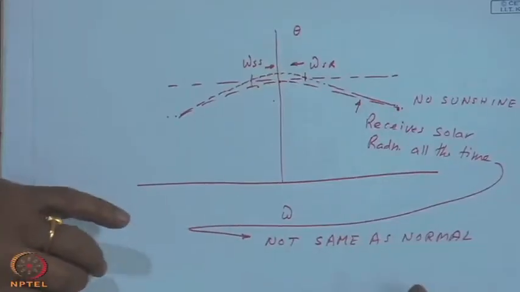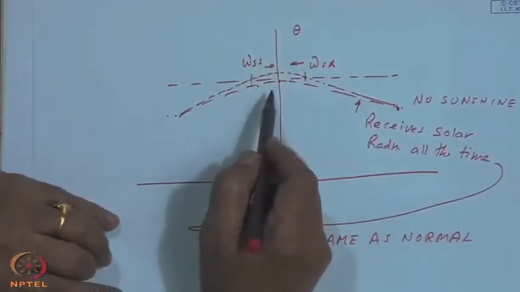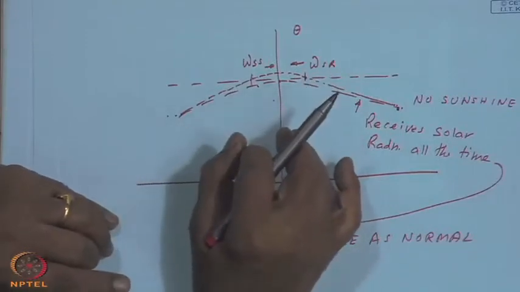Okay? Now, this can be understood in one sense. In other words, a surface receiving the solar radiation all the time may be a degenerate case of double sunshine or a degenerate case of normal case of single sunshine.